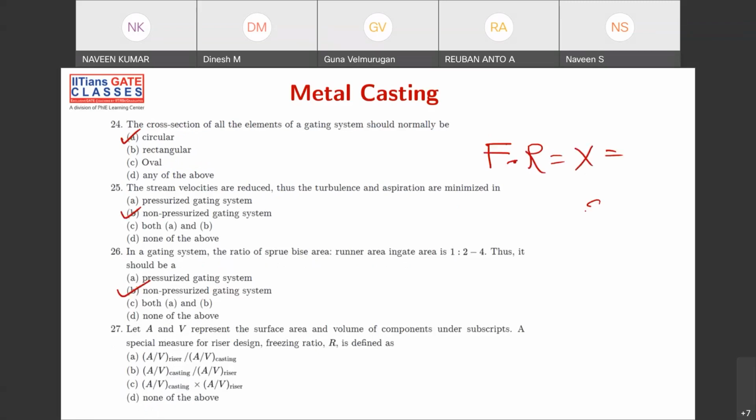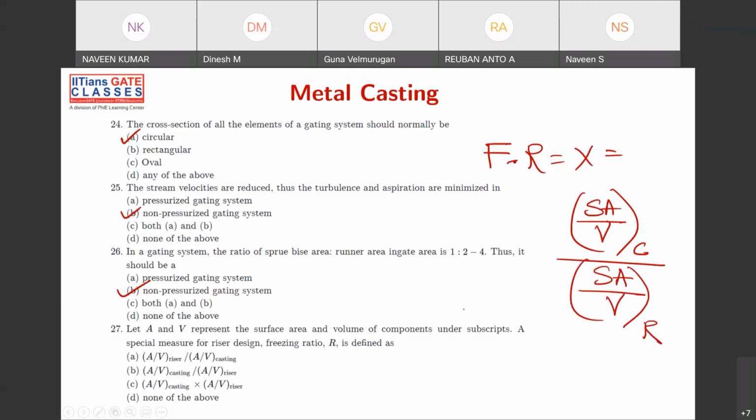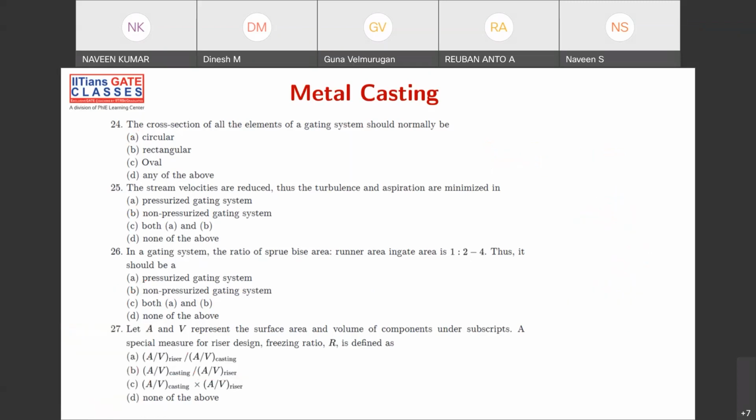Freezing ratio is the surface area by volume of the casting divided by the surface area by volume of the riser. Which option is matching? Of course, option B is matching, because it is the surface area by volume of the casting divided by the surface area by volume of the riser. The answer is B, and this kind of question will be asked in the exam.